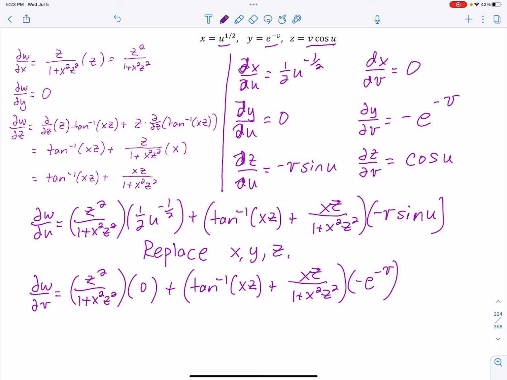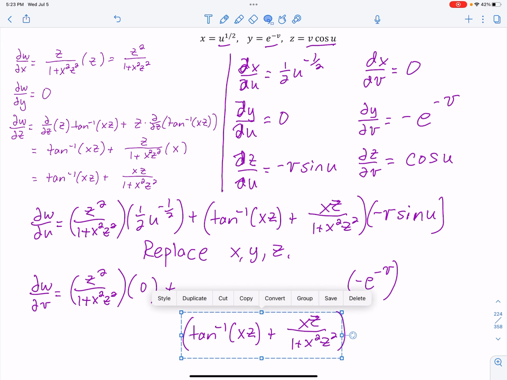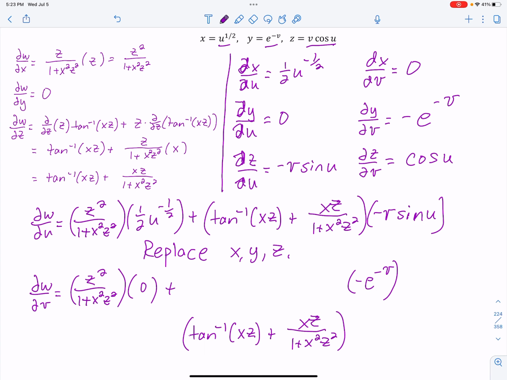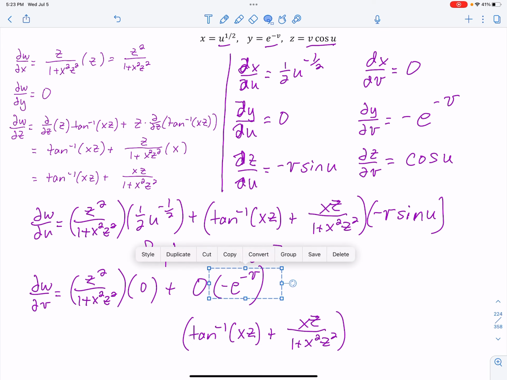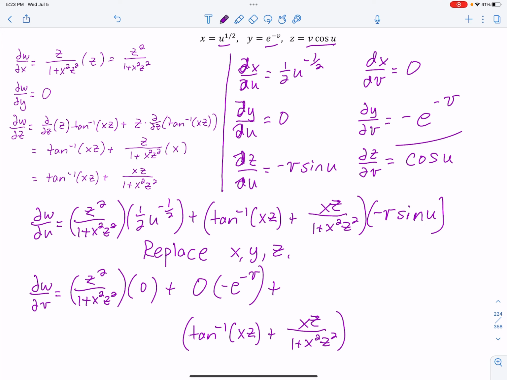And then our last thing is that z, so I'm going to move this down right here. What goes right there is our y, which is a 0. So that just clears that out again, the 0 for the dw dy. This makes sense. Y doesn't actually affect w in any way.